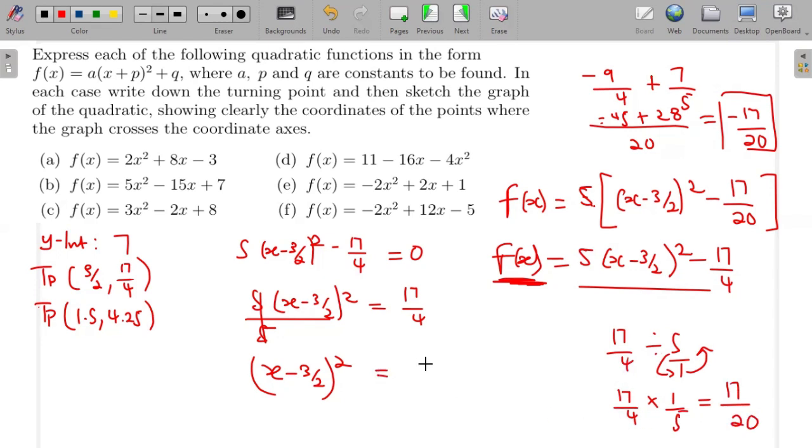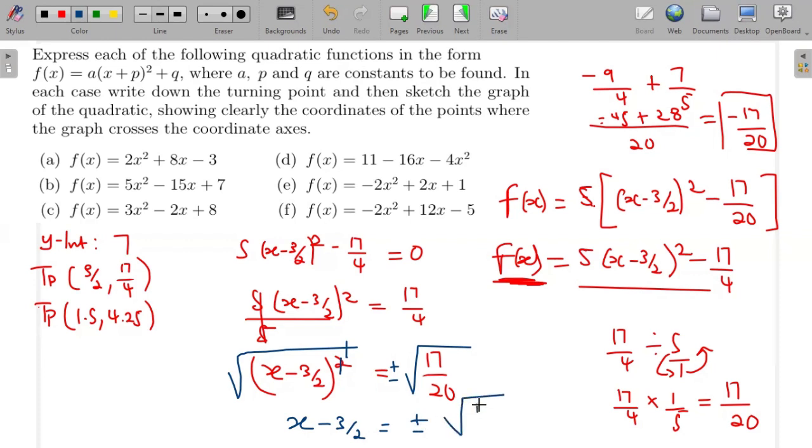Then from there, we're going to take the square root. But when you take the square root on the right hand side, you have plus or minus. Here, the 2 and the square root will cancel. So I have x minus 3 over 2 is equals to plus or minus the root of 17 over 20.